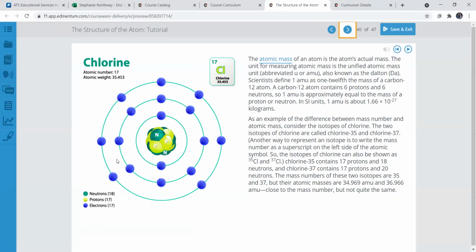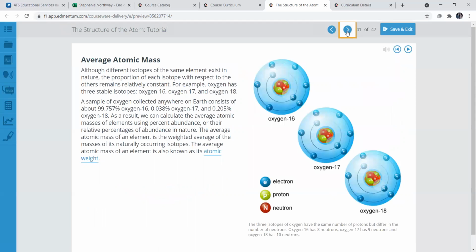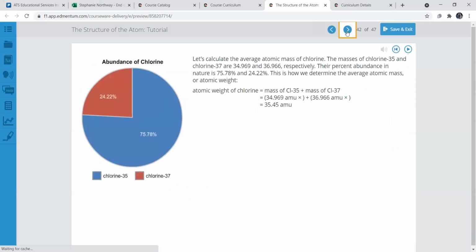It shows that chlorine has 18 neutrons, 17 protons, and 17 electrons. So it's showing that it has different neutrons here, and in this sentence it's saying it has 20. So different isotopes, meaning different atoms of chlorine have different numbers of neutrons in them. That can happen. It happens in carbon as well. In oxygen, here's just another example of the different numbers of neutrons it contains.